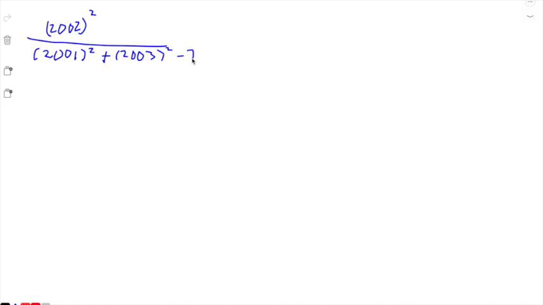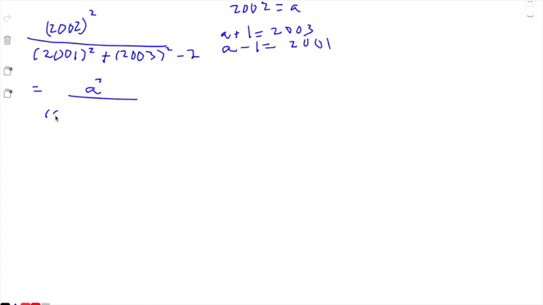If we notice, let's just set 2002 as a. What we notice is that 2001 is just a minus 1, and 2003 is a plus 1. So let's replace those expressions instead of these numbers, because if we do get to cancel out, then that's just going to be the answer for the numbers in the problem, because cancelling out works the same way.